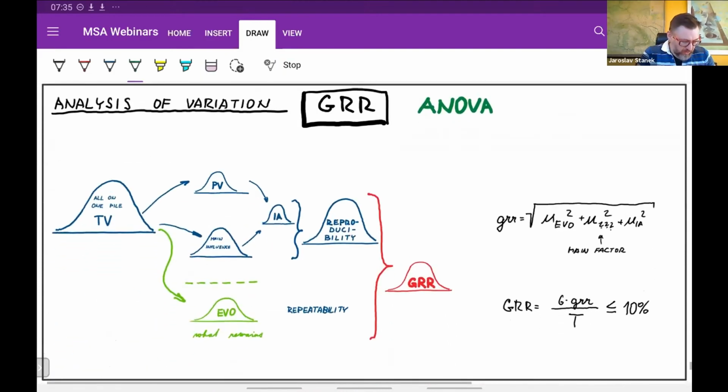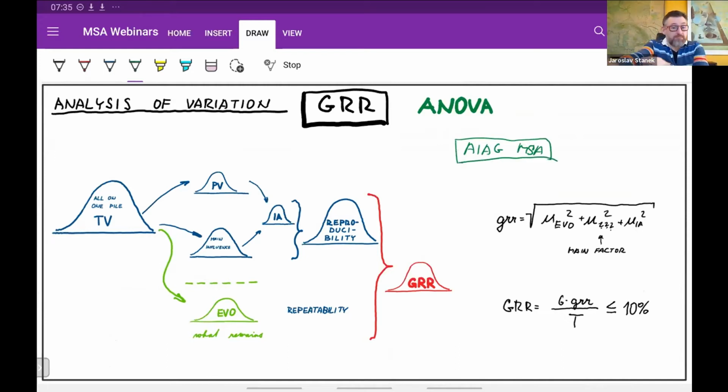And on the AIAG MSA side, that is a special quantity with a special criterion, similar to Cg/Cgk we had last time. Here we have the famous gauge R&R, GRR, standing for gauge repeatability and reproducibility.